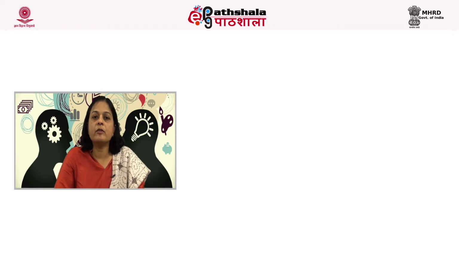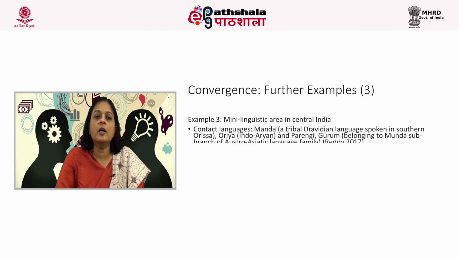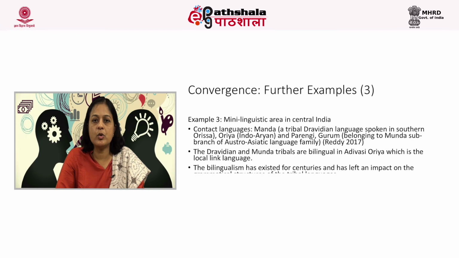A third example of convergence is the mini-linguistic area in central India described by Reddy 2017. Languages belonging to three language families, Dravidian, Indo-Aryan and Munda, are in contact in the multilingual tribal belt in central India.